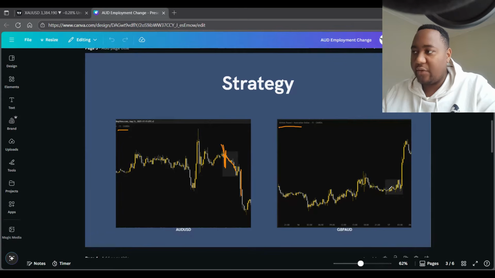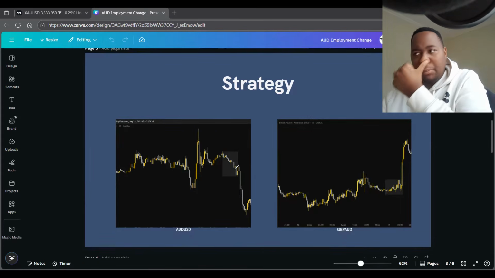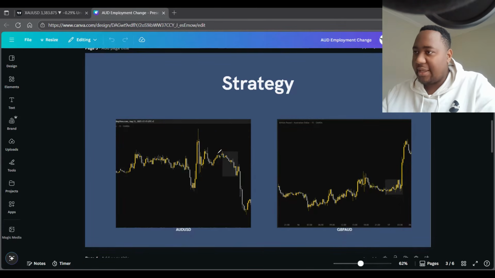We can also see it over here on GBP AUD. The trend that started at midnight, the news is going to follow it. So it's typically what we call a trend following event. You can use other confluences, just technical analysis using previous trends, but to not complicate it at all, just take it from 12 midnight all the way to at least 3:25.